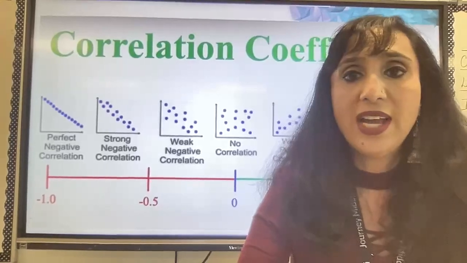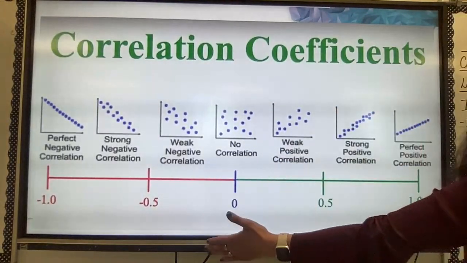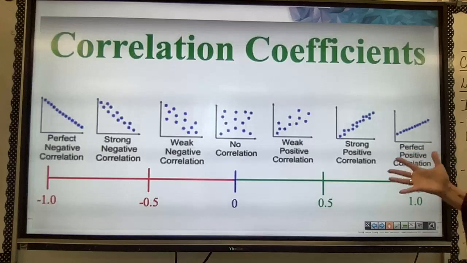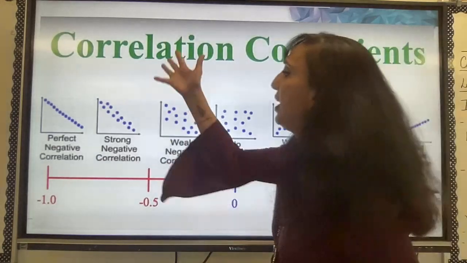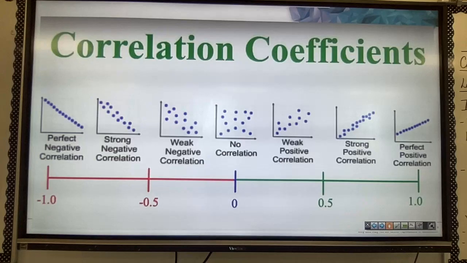So our correlation coefficient goes from -1 to 1. Okay, and this measure shows how well data are modeled by a linear equation. It will tell you if a correlation is positive or if it is negative, as you can see on the other side, and how closely the equation is modeling the data.